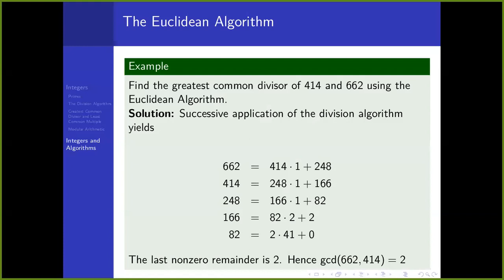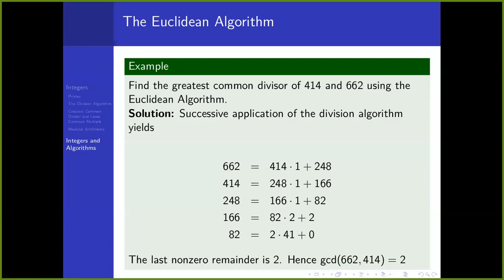So when we apply this to an example, maybe we'll see what is going on. We are going to use the Euclidean algorithm to find the greatest common divisor of 414 and 662. 662 is the larger of the two numbers. So we apply the division algorithm to get 662 is equal to 414 times 1 plus 248.